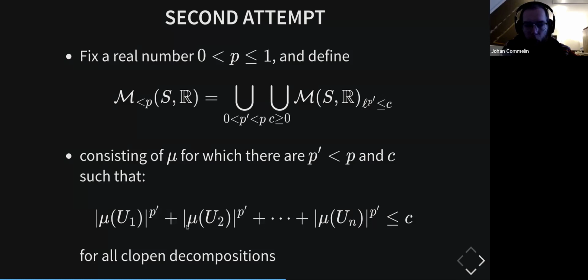And this is leading to interesting behavior. And I stress again, P prime should stay strictly less than P, and then is allowed to vary.